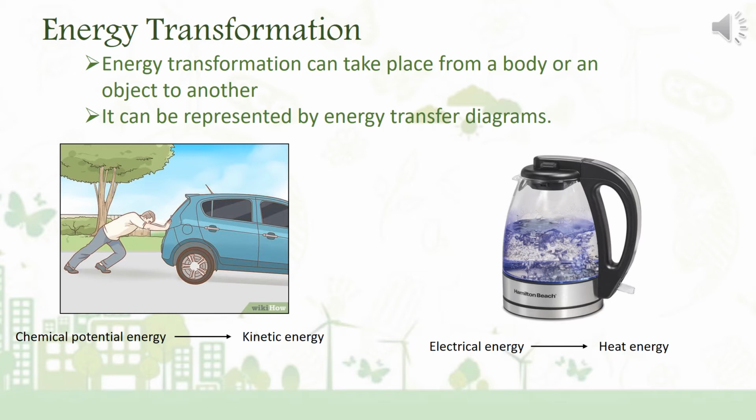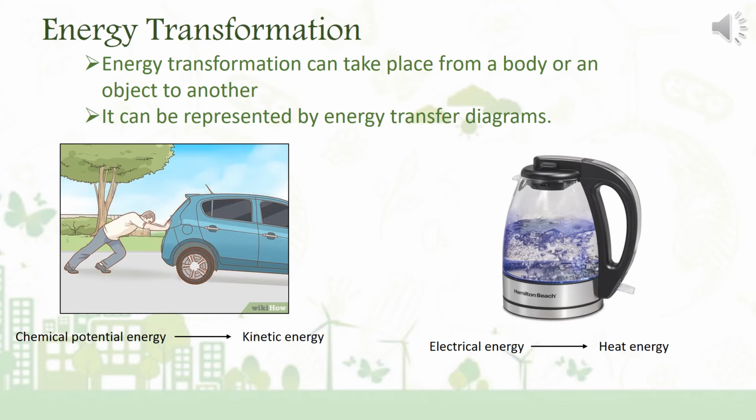That means the chemical potential energy of the man is transferred into the car as the kinetic energy of the car. Here the energy source is chemical energy produced by the food of the man, and that chemical potential energy is transferring to the kinetic energy of the car.